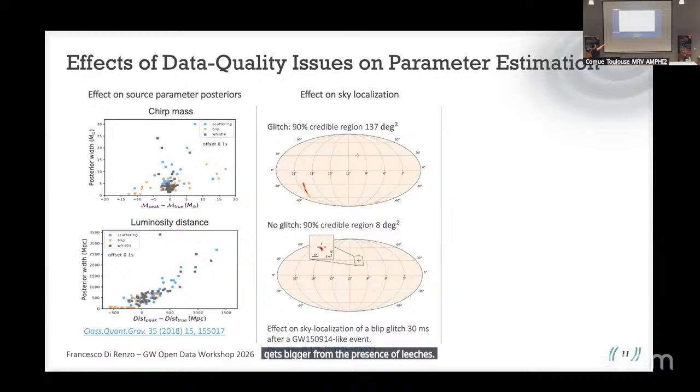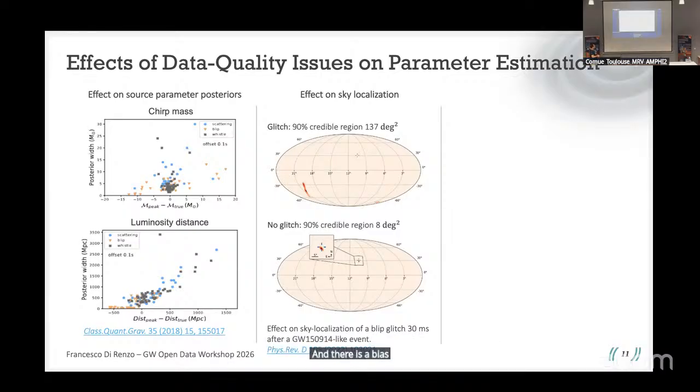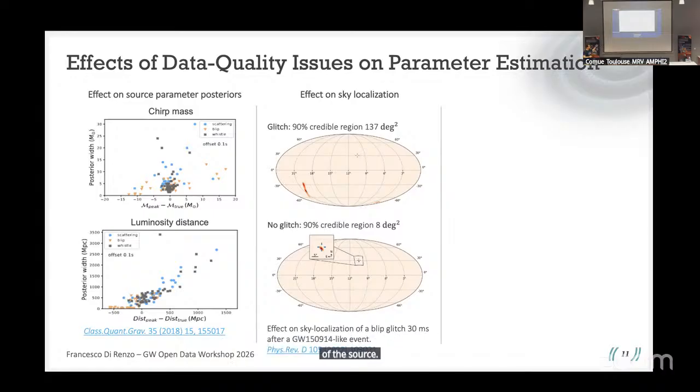Sky localization: in the top plot, there is a small cross slightly off the center, while the red region is where we are able to reconstruct our signal, and there is a bias due to the presence of a glitch. If we remove the glitch, in the plot on the bottom, we recover the right position of the source. So glitches bias parameters like mass, distance, and sky localization.